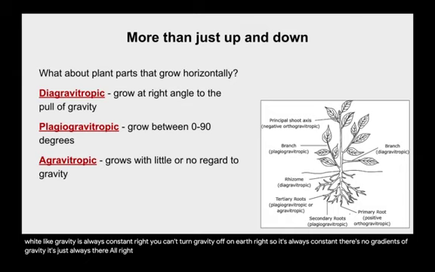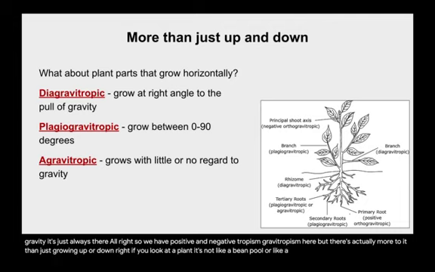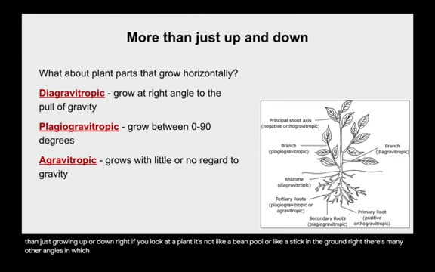All right, so we have positive and negative gravitropism here, but there's actually more to it than just growing up or down. If you look at a plant, it's not like a bean pole or a stick in the ground. There are many other angles in which it is growing. There are terms for everything in plant biology, so there are terms for this type of growth as well.